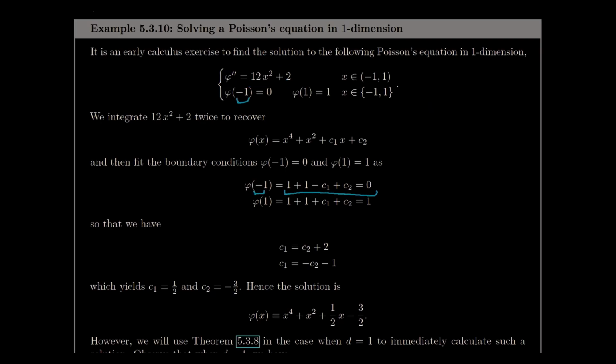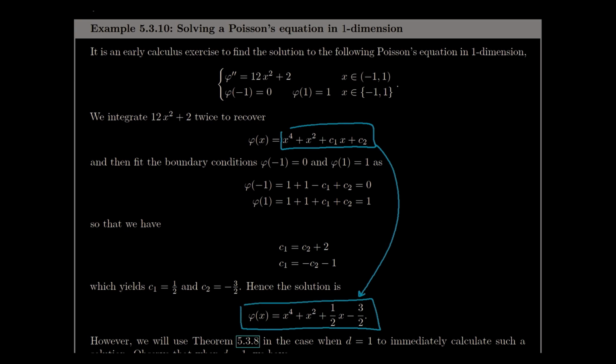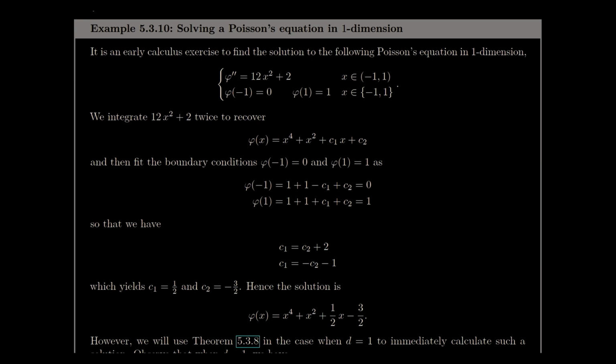We see that we get 2 minus c1 plus c2 is 0. We plug 1 in for x. We see that we get 2 plus c1 plus c2 is 1. Rearranging those and solving for c1 and c2, we get 1/2 for c1 and -3/2 for c2. So plugging in 1/2 for c1 and -3/2 for c2, we recover the following solution to the second order ODE. It's just a polynomial. But let's see if we can get Green's representation theorem to give us this solution as well.